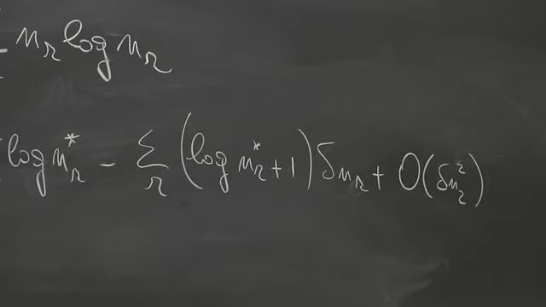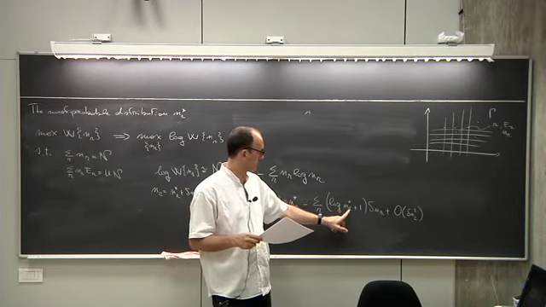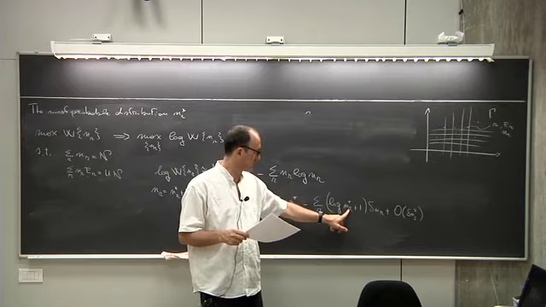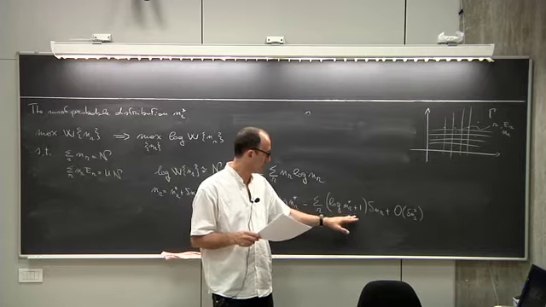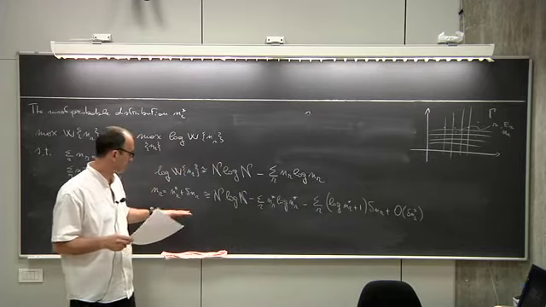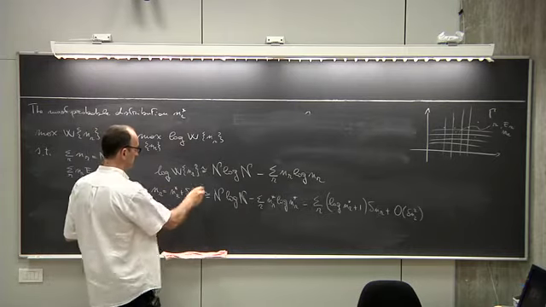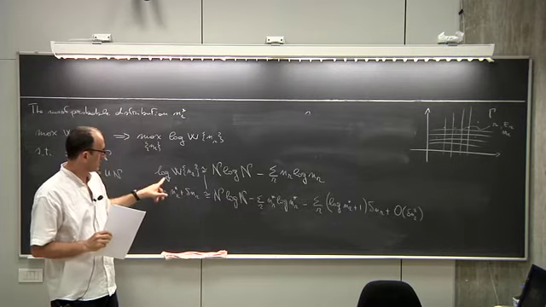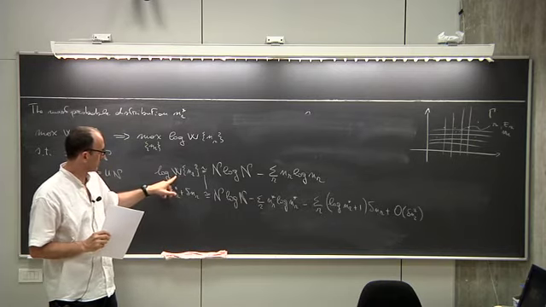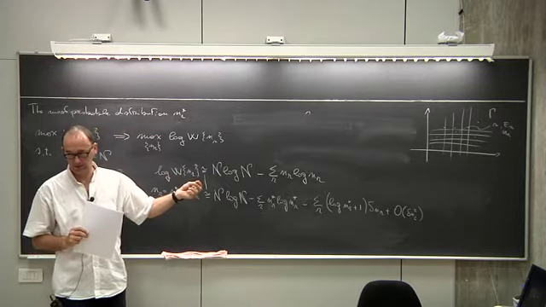Now, what I want to do is consider this distribution and find the distribution which makes the change in W stationary with respect to delta n r.